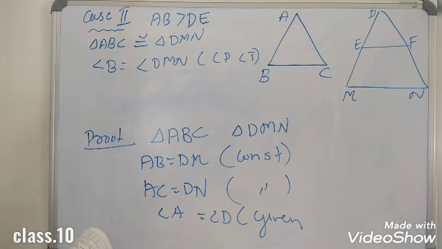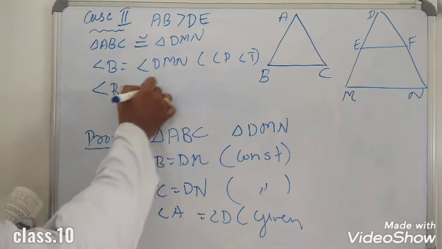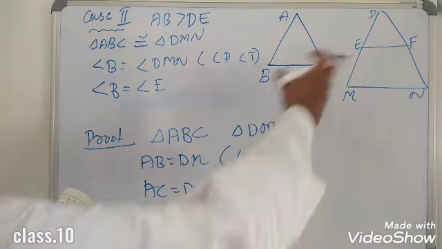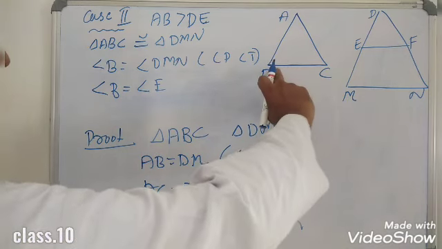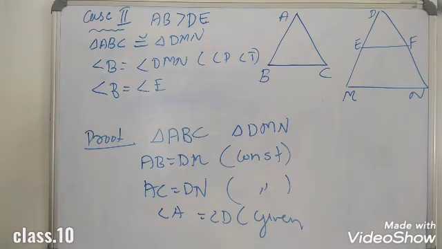And also angle B is equal to angle E, since the two triangles ABC and DEF are equiangular. So angle B is equal to angle E, given.